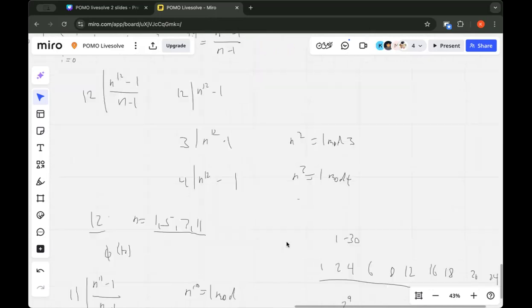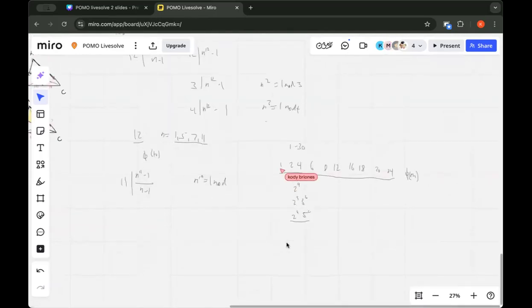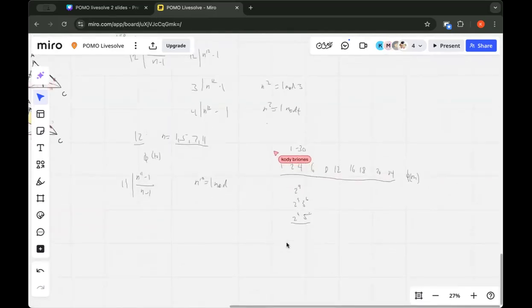That should just be it. You just bash out the numbers wherein the totient divides the original number.